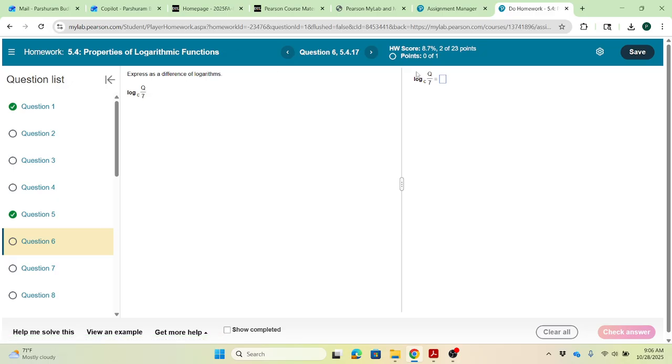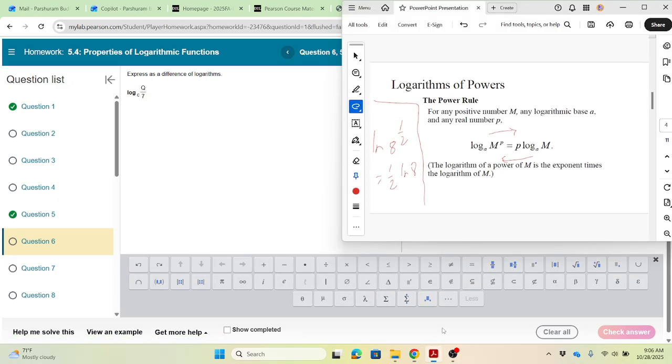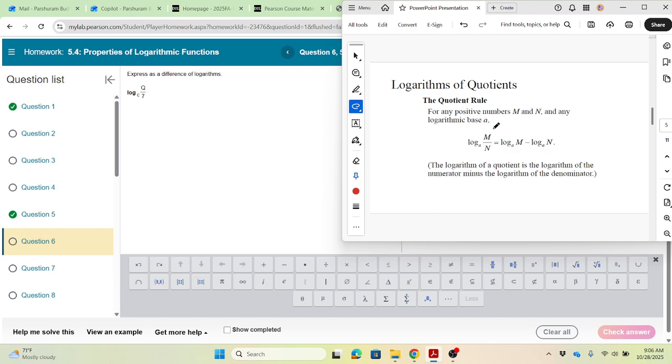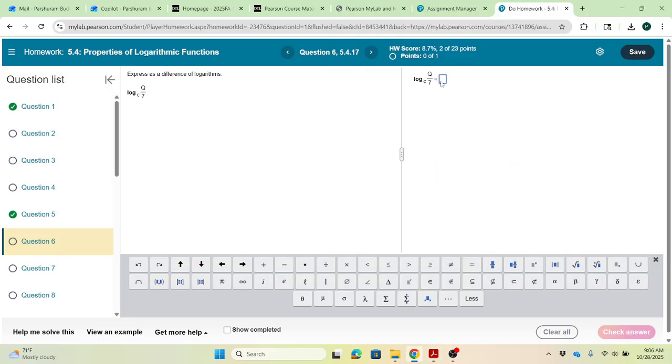So now use the difference of the quotient, which is the third rule, the quotient rule. Log base C of Q minus log base C of 7. That's the quotient rule. Log base C of Q, sorry about that, Q, and minus, type log base C again, 7.